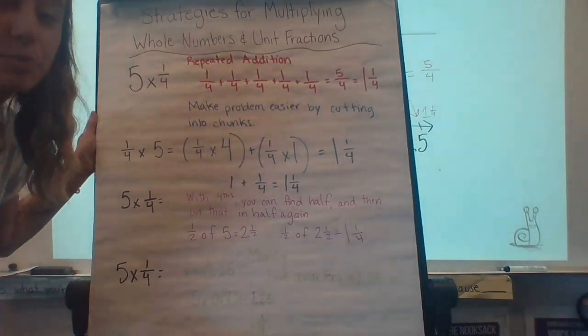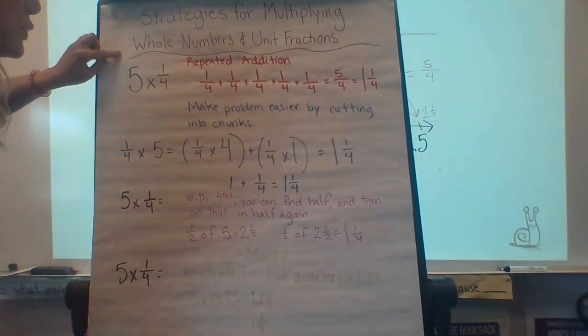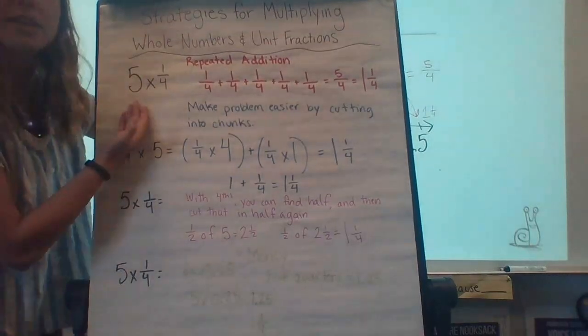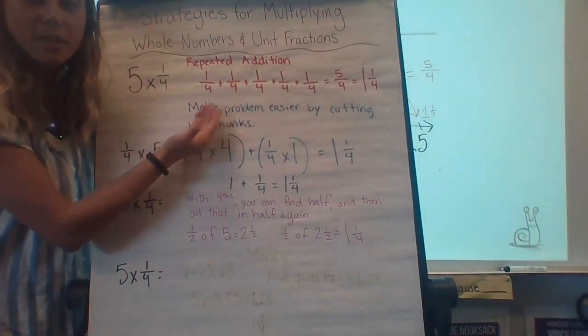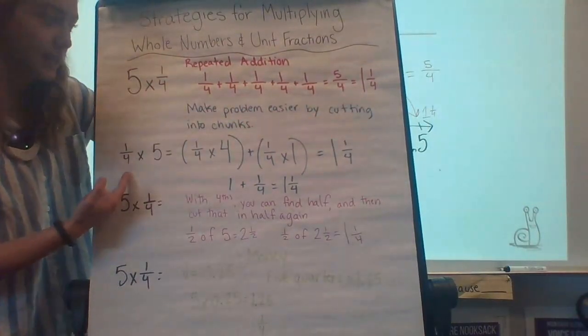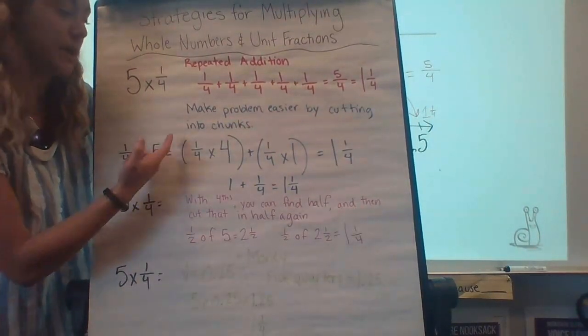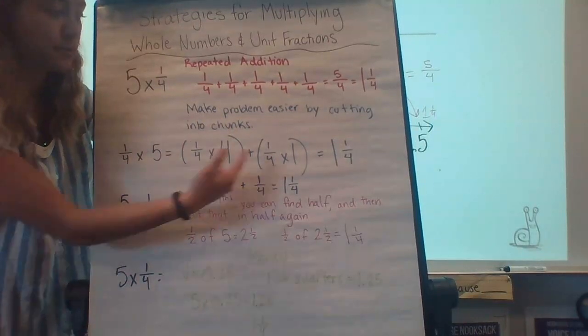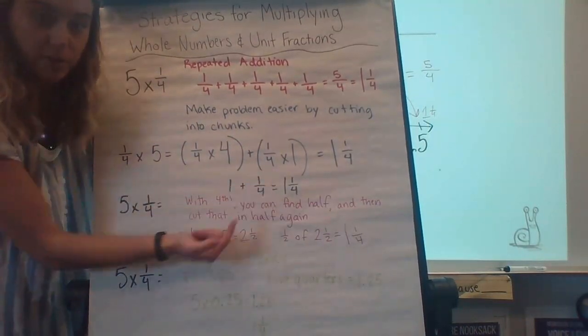Hello friends, you can see this poster that says strategies for multiplying whole numbers and unit fractions. You can use repeated addition, 1/4 over and over to get 5/4 or 1 and 1/4. You can make the problem easier by cutting it into chunks, 4 times 1/4 and 1 times 1/4.